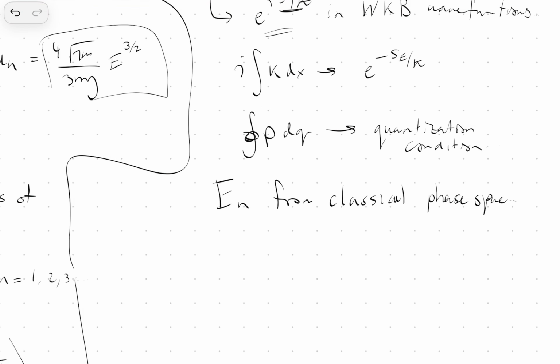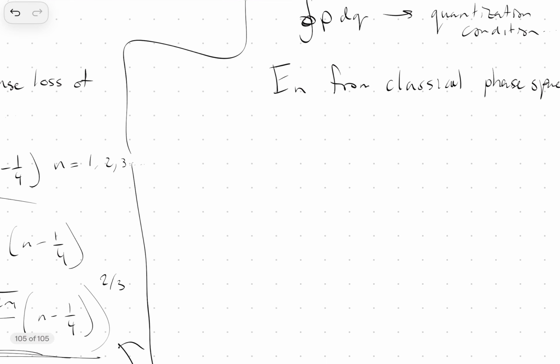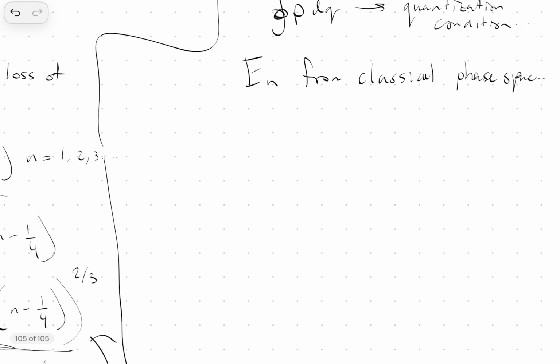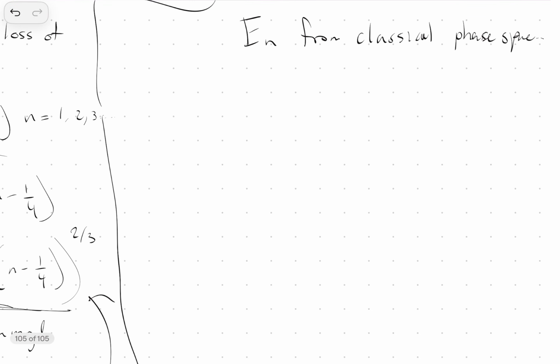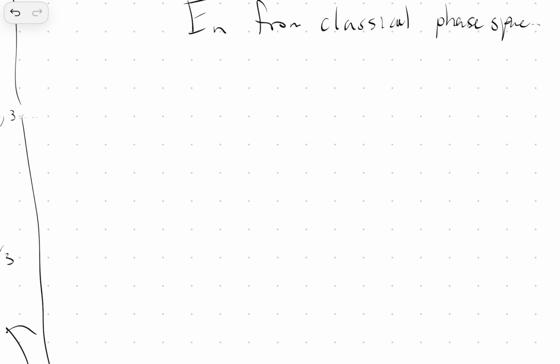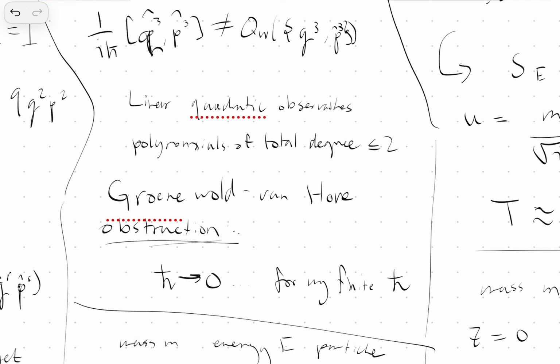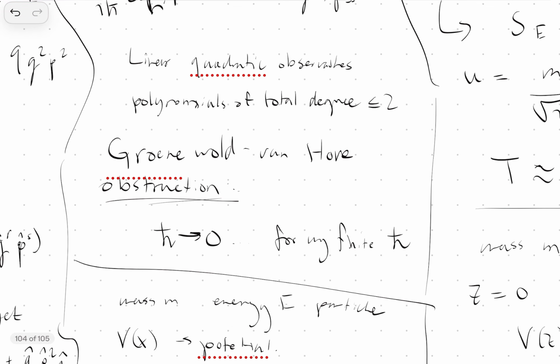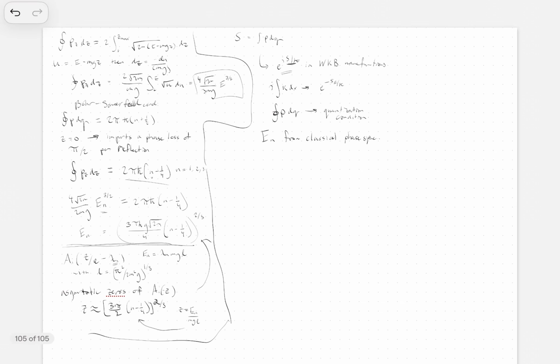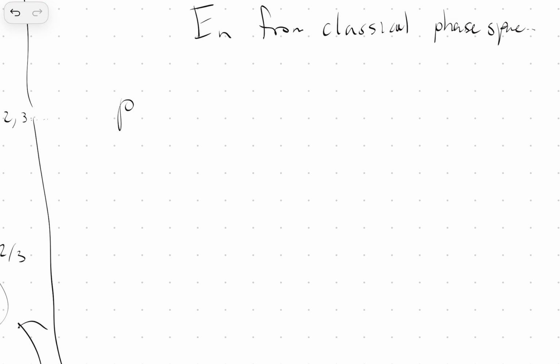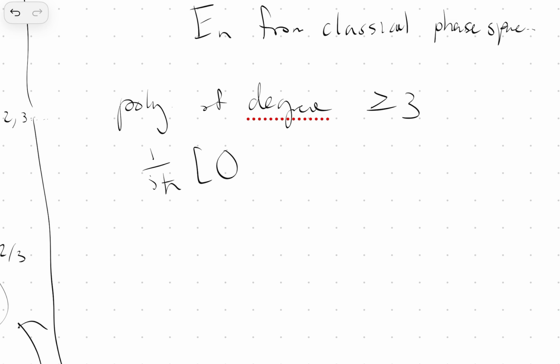And the classical Hamiltonian dynamics provides really the core of quantum mechanics. But the algebraic structure of the observables can't be lifted identically, because again, the Groenewold-van Hove obstruction shows us that for polynomials of degree greater than 3, the Poisson bracket acquires higher corrections.